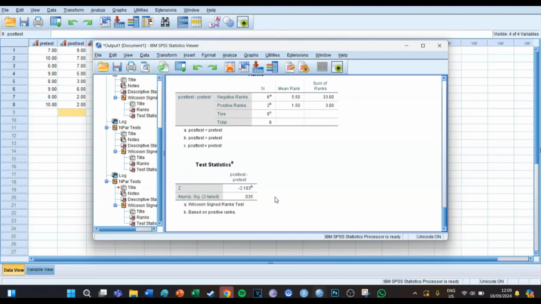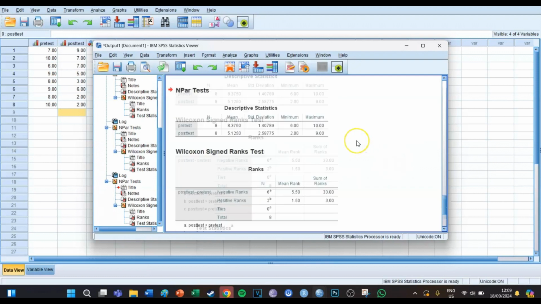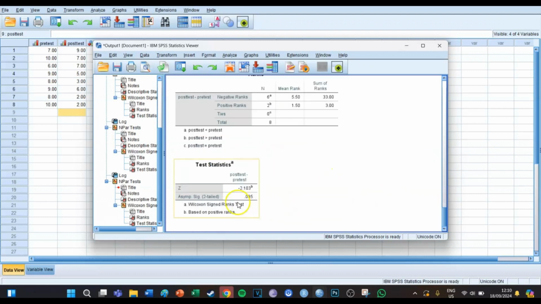So we can conclude that there was a significant difference between the pre-test and post-test in this paired samples Wilcoxon's signed rank test. So the depression symptoms decreased significantly. Their means were 8.375 and 5.125, and we can conclude that the difference between that is significant, with a significance level of 0.035. Okay, so that's going to be the end of today, so the end of the Wilcoxon's signed rank test.